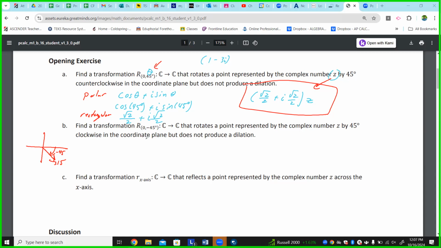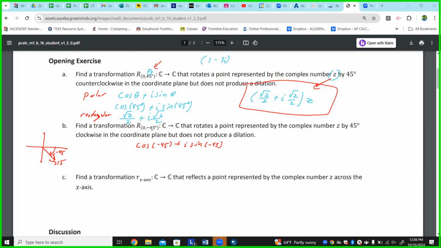Makes sense. Are we good? All right. So again, what you want to do is start off with your polar form. Note that 315 and negative 45 would be the same result. You could technically put 675 degrees in there and you still get the same results, because the circle keeps going around and around, so it keeps landing on that same point, and you can keep adding 360 or keep subtracting 360 every time.